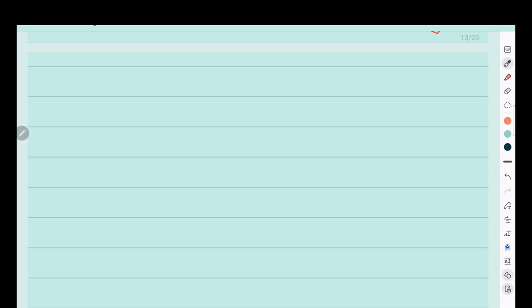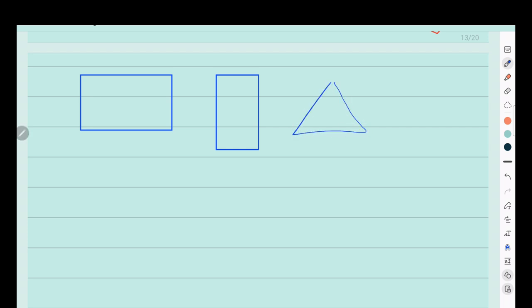Okay, you may say a table, you may say a page or the book which is of rectangular size, and you can also see some triangles, most probably, and maybe some circles also.